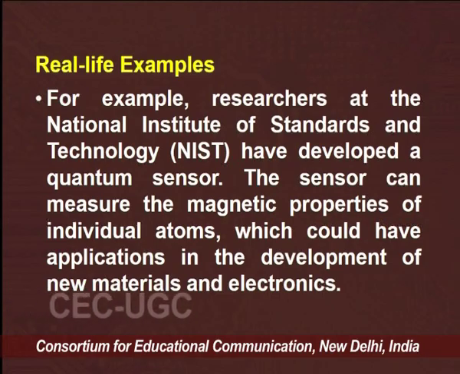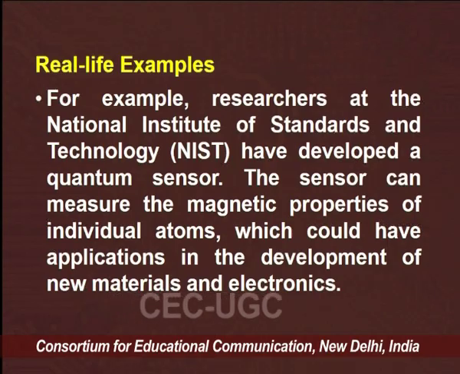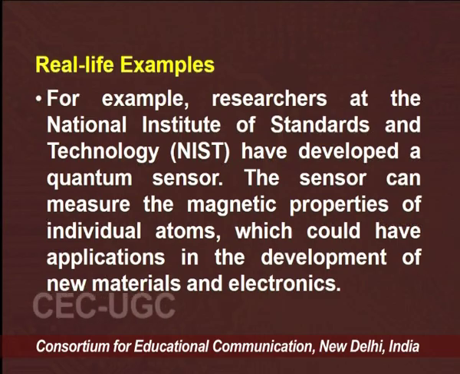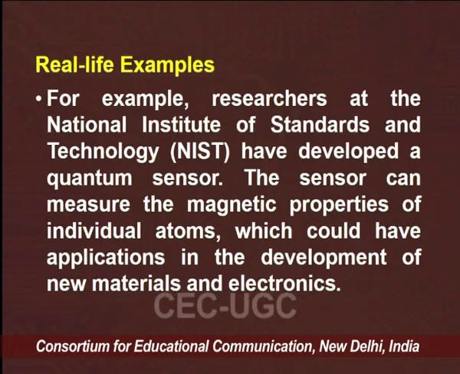This sensor can measure the magnetic properties of individual atoms and could have application in the development of new materials and electronics. Means we can develop various electronic devices by using these sensors, and these sensors can also be applied to understanding complicated phenomena in the natural sciences.